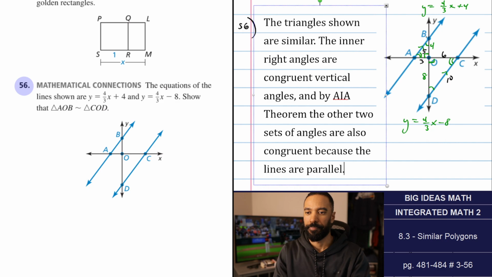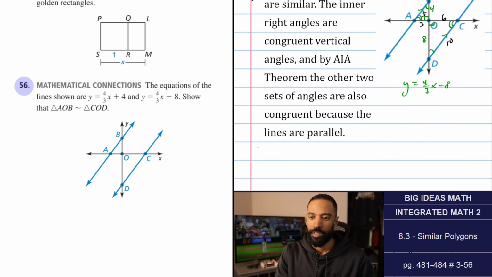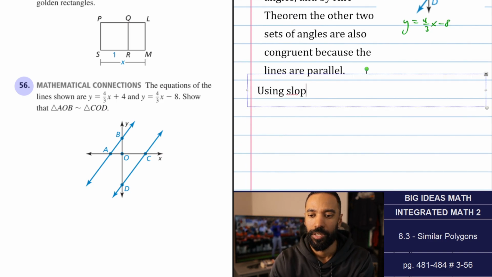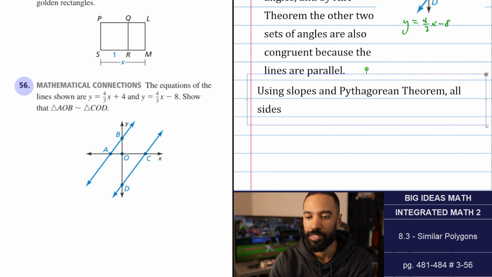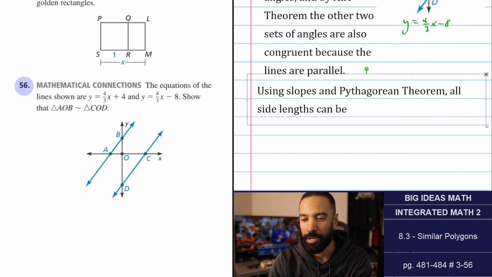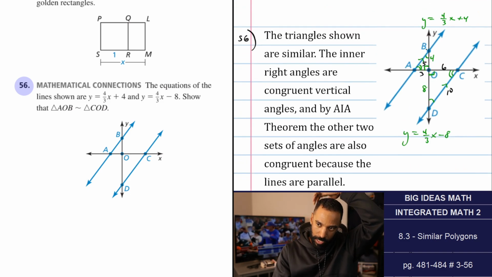Now, that's the first part. The second part is all the side lengths. Using slopes and the Pythagorean theorem on the two hypotenuses, all side lengths can be measured, and then I can compare them.